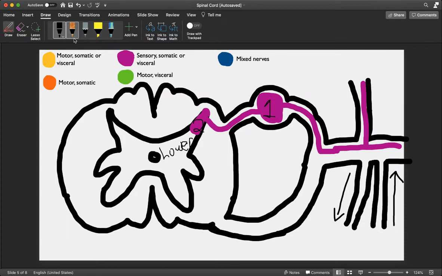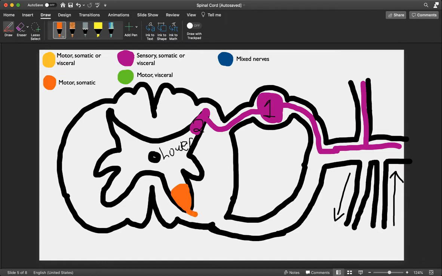Okay, so let's start with just motor somatic. Motor somatic information can only be picked up by the anterior gray horn. If sensory somatic information is processed and then it comes back down and it's motor somatic, it can only come through to the anterior gray horn.